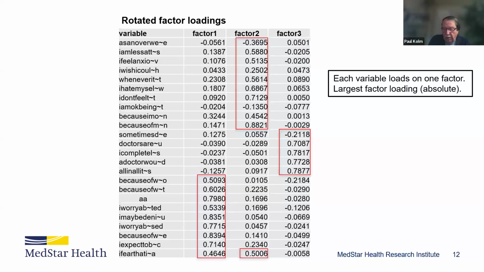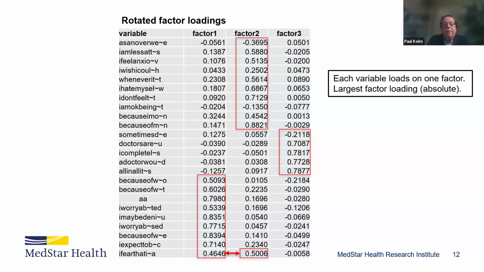So, oops, went the wrong way. Here's where you can maybe manipulate things to strengthen your case for what the factors are and what they mean. So it's possible that for the last variable, we could have it load on factor 1, even though the highest factor loading is for factor 2.